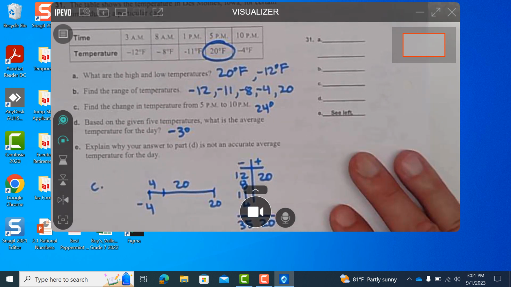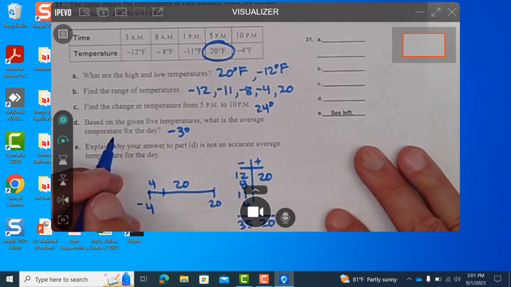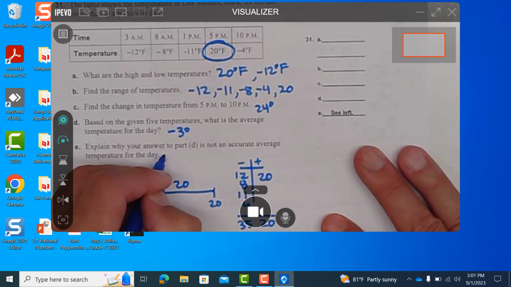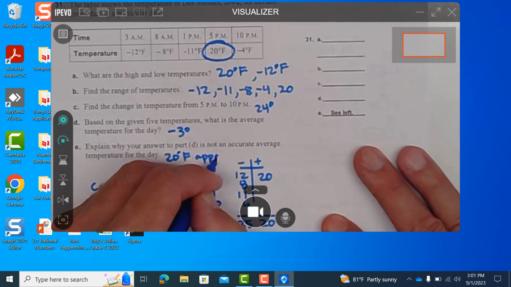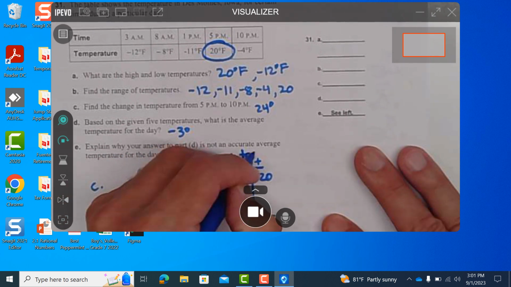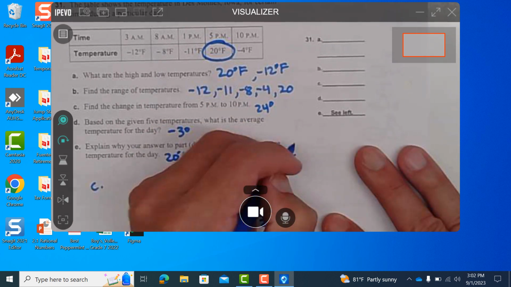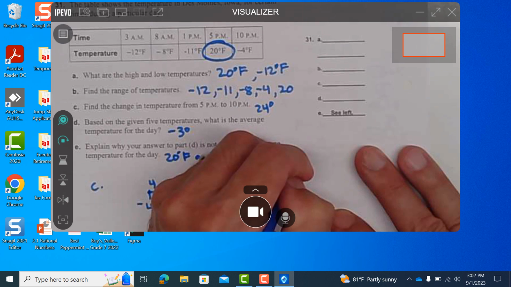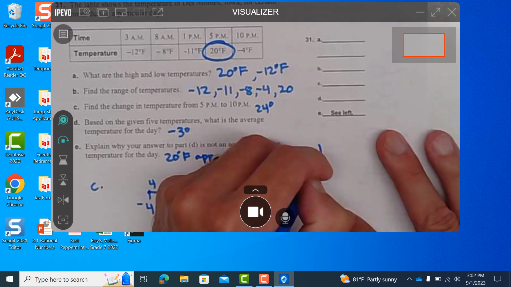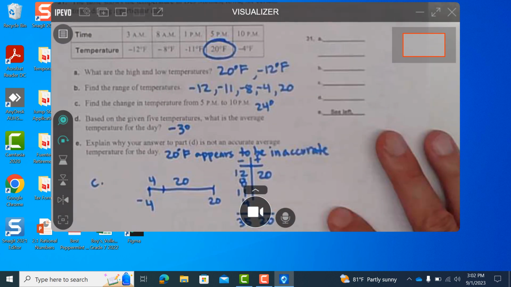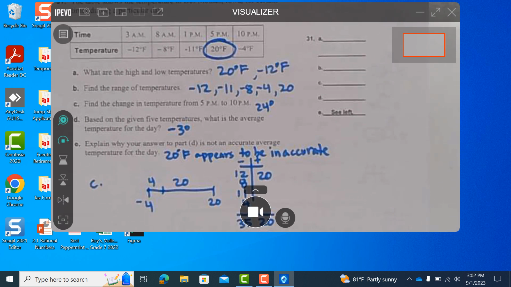So you can say something to the effect that 20 degrees Fahrenheit appears to be inaccurate. Okay. Try to spell accurate correctly. So 20 degrees Fahrenheit appears to be wrong or inaccurate here. Okay, that would throw off your average daily temperature.